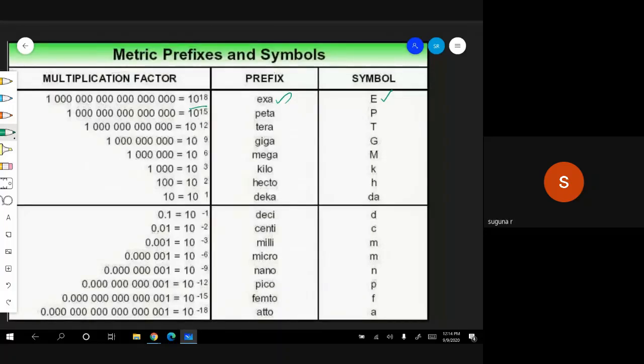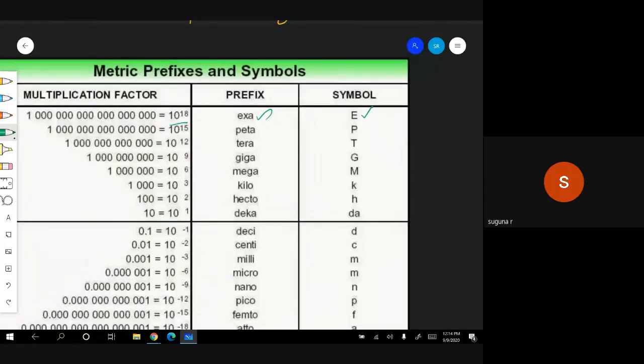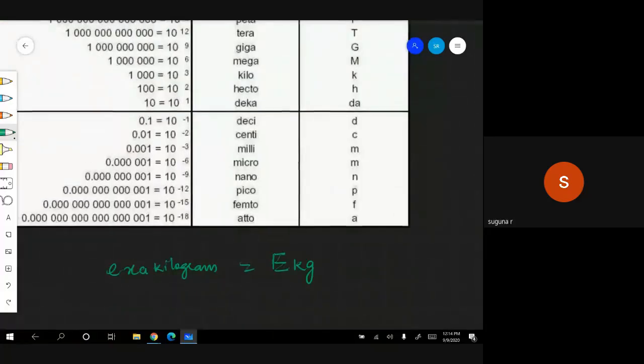Therefore, hexameter, or hexa kilogram, or E kg, is 10 power 18 kilogram. I think you are able to follow how we have to understand this.